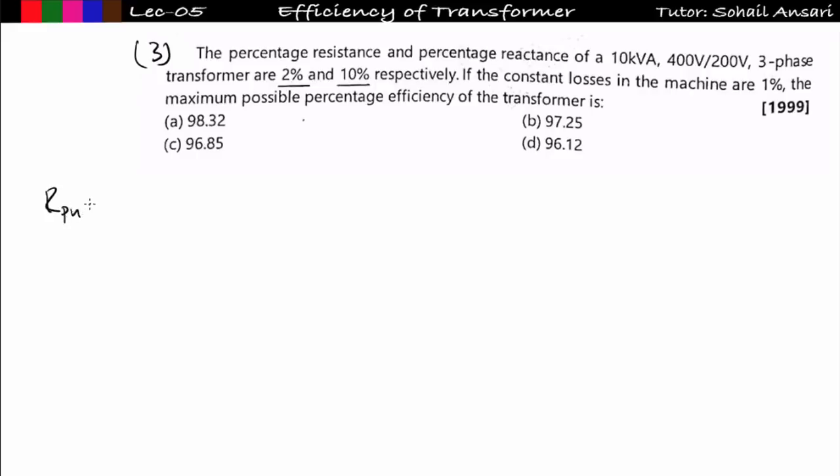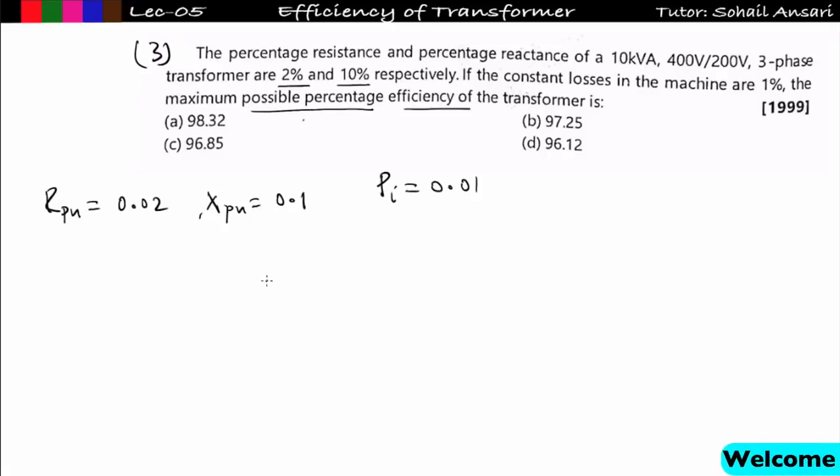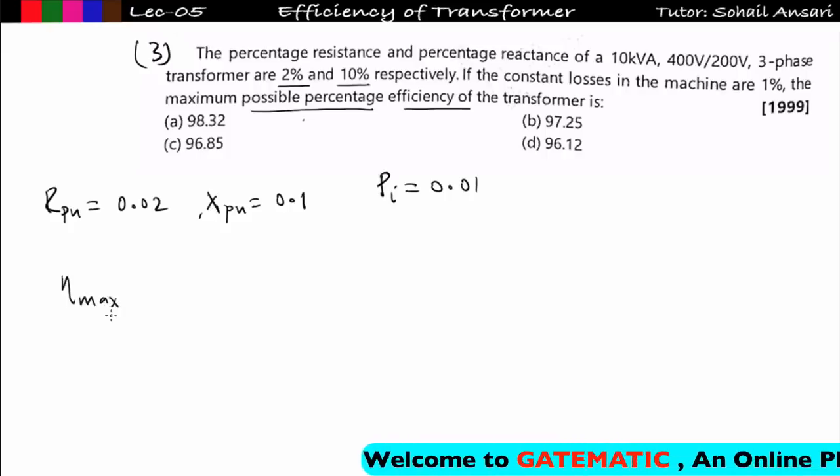Internal percentage resistance RPU is given, that is equal to 0.02, and XPU is given, that is equal to 0.1. If the constant loss in the machine are 1%, means iron loss is given, that is equal to 0.01. The maximum possible percentage efficiency of the transformer, means we have to find the maximum efficiency.